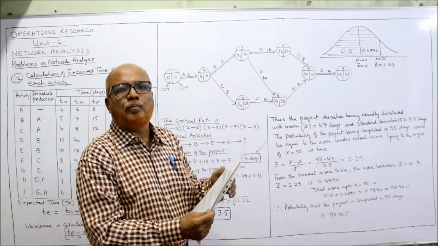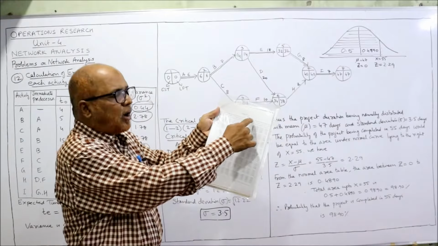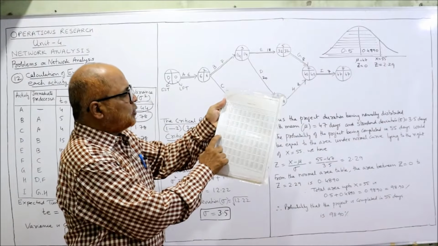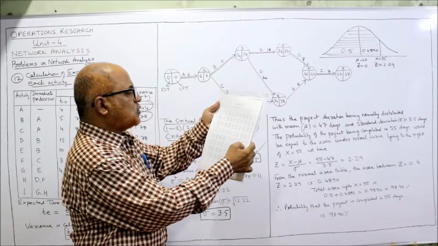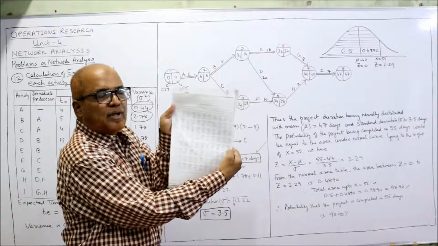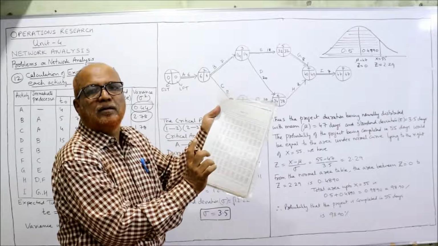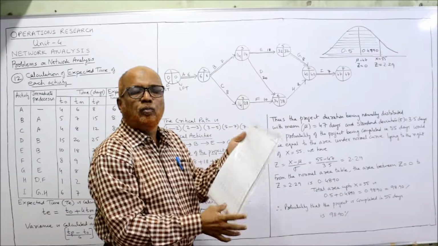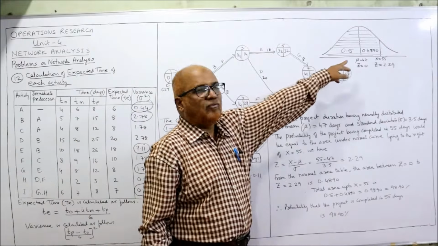Z is equal to 2.29. So in the row 2.2, under column 9, you search. The 2.2 row under column 9 gives 0.4890. So we get the area value.